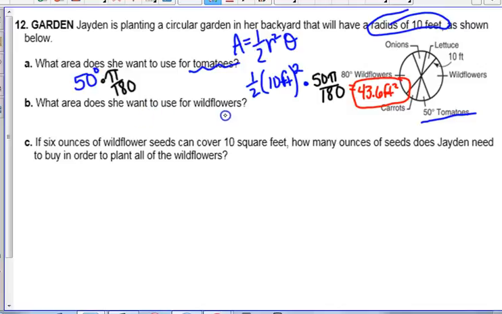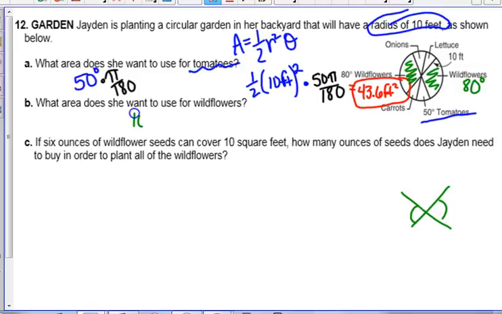This one says wildflowers. What do we have to watch ourselves on here, though? There's 2 of them. One of them doesn't tell us how big it is. There's those weird angles that go together, also known as, when they're across from each other, vertical angles. Vertical angles. Okay, so by vertical angles, this is 80 degrees and 80 degrees.